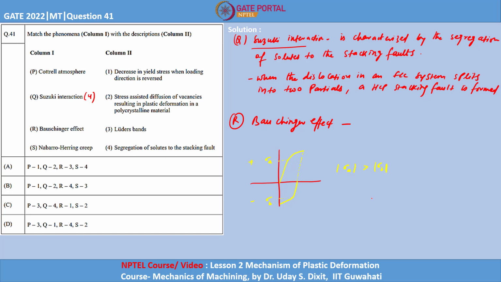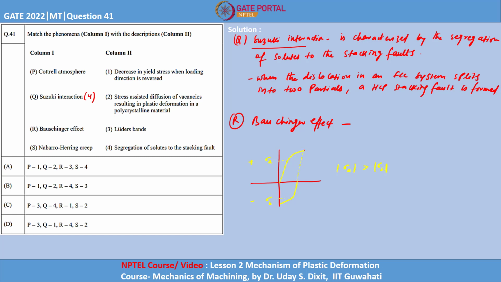Why is this phenomenon happening? When you apply a tensile load in this direction, dislocations will move and pile up at some barriers, and this pile up of dislocations creates a back stress in the opposite direction.